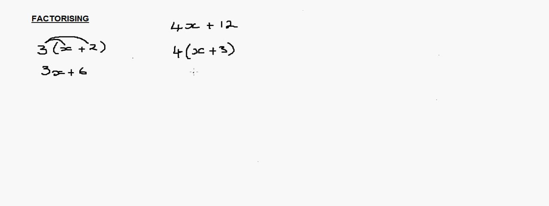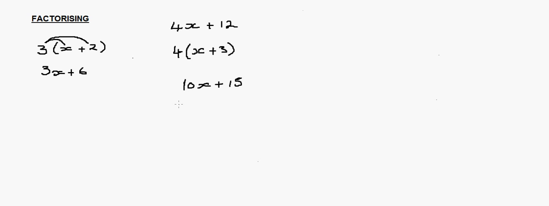Okay, so let's say we've got 10x plus 15, and they say factorise. Well, there's an x here but not here, so I can't pull x out of the bracket. So I look at the numbers now, 10 and 15. What's common to these? Well, they're both divisible by 5.